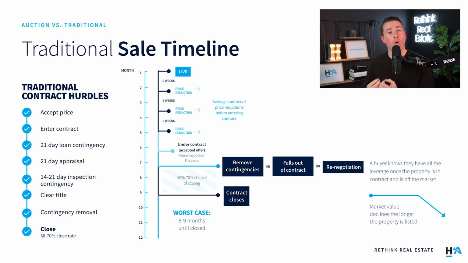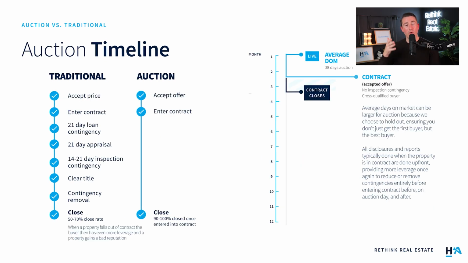They have a lot more options in a low inventory marketplace still, where they can see another property that comes to the market and quickly get out of the sale of your property and move on to that one as well. So it really isn't locking the buyers in. Whereas with auction, because we have the leverage of that auction date, leading into auction date, we can make sure that we clean the deal up as much as possible.